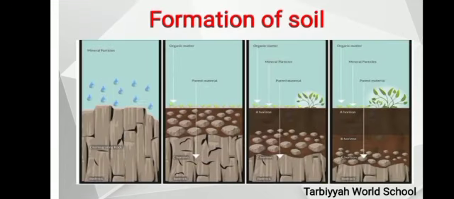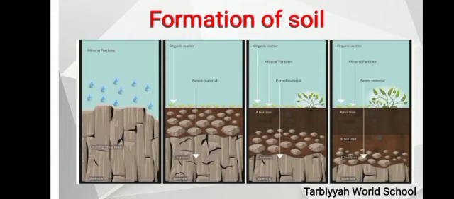Let's learn the formation of soil. Soil is formed by the breakdown of rocks over a period of time. The rocks in various regions are exposed to different climatic conditions such as rain, sunlight, wind and snow. The sun heats up the rocks and the rain cools them. This causes the rocks to crack and break up into smaller pieces.